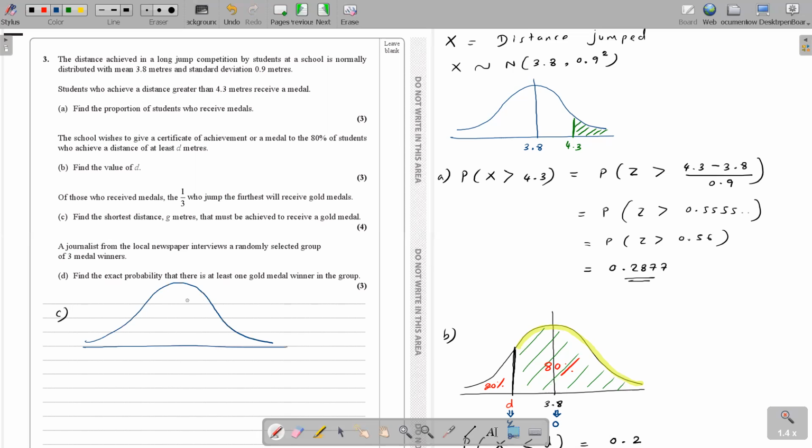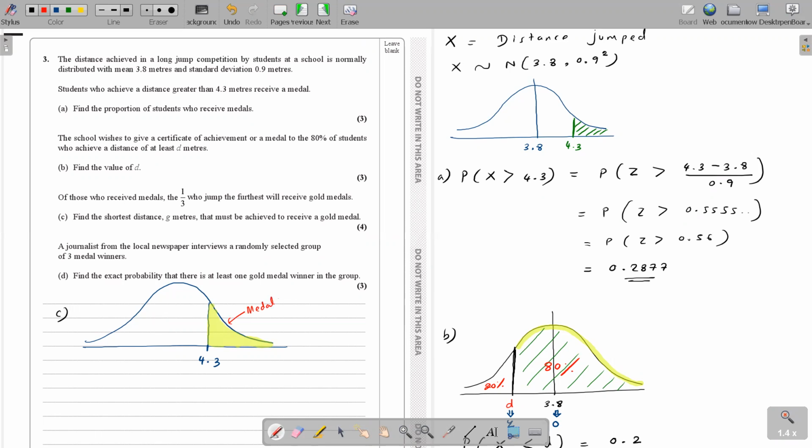So here is this population, the more than 4.3, right? These are the people who receive medals. Now we are only interested in this population.